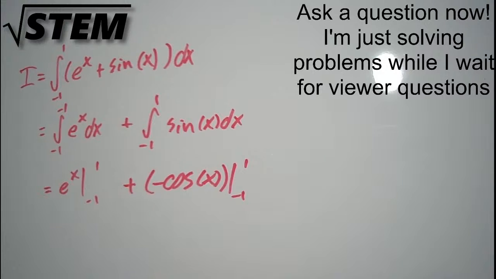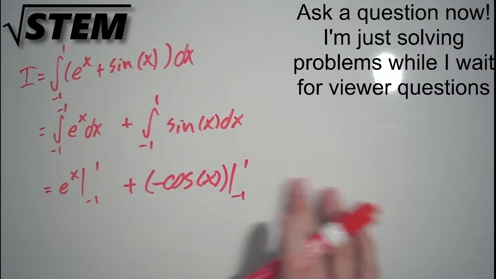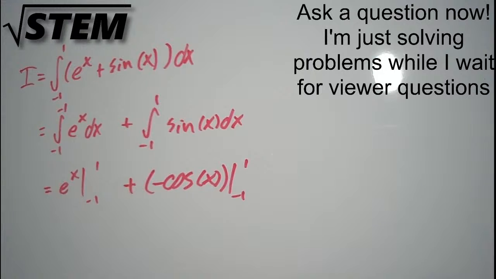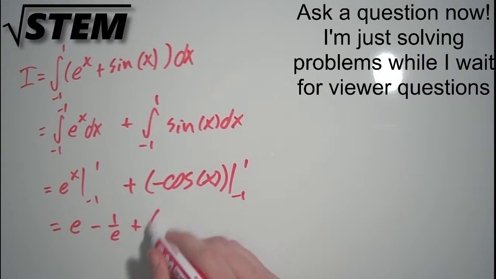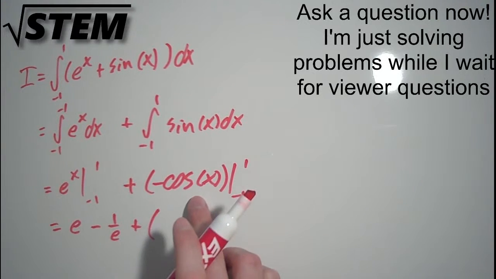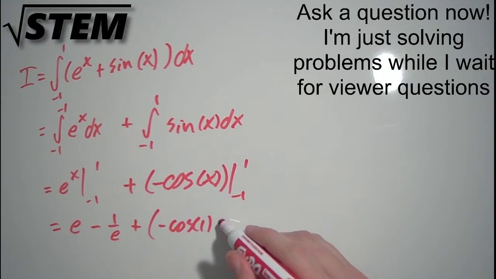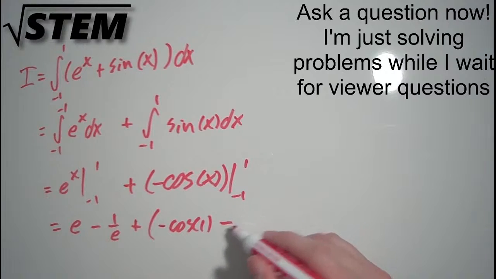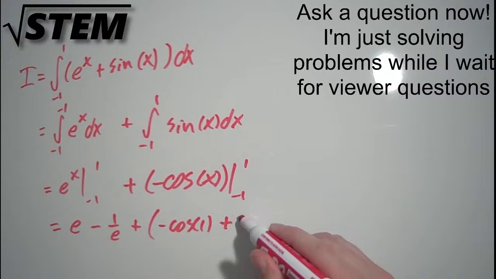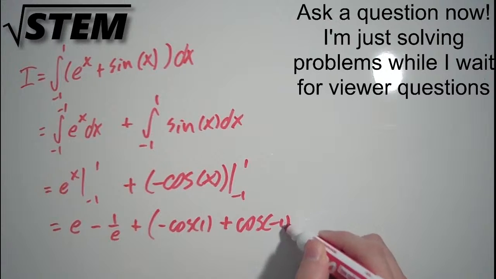And since this is a definite integral, there is no plus c. And that would be e minus 1 over e plus negative cosine of 1 minus negative cosine of -1, so plus cosine of -1.